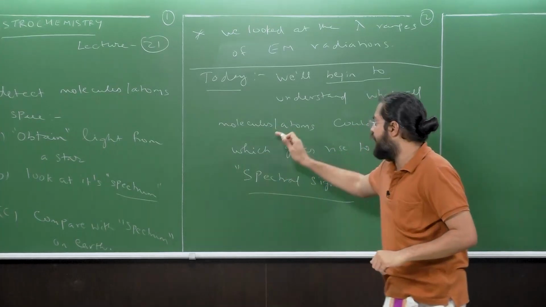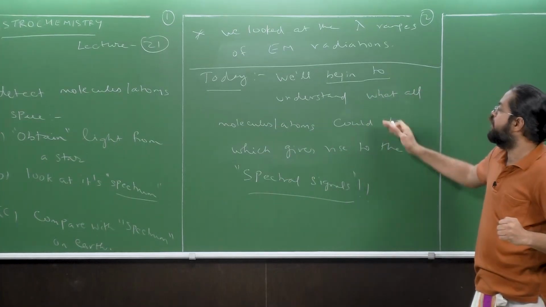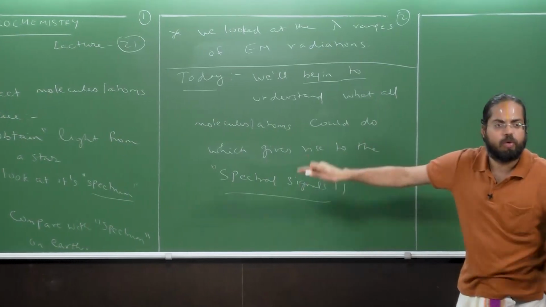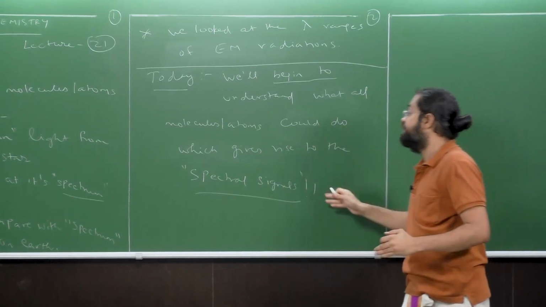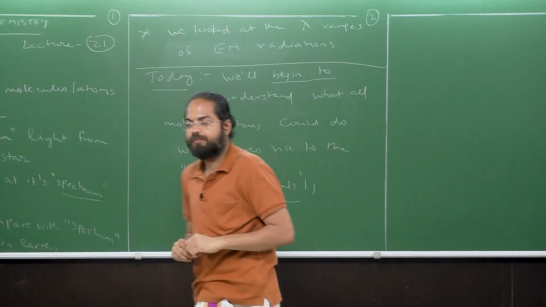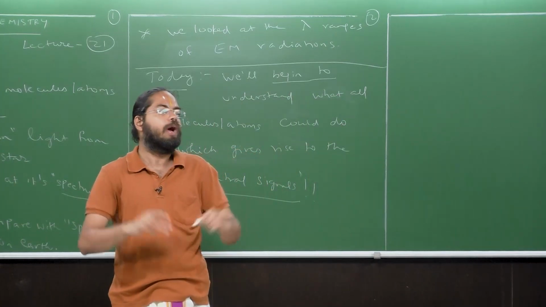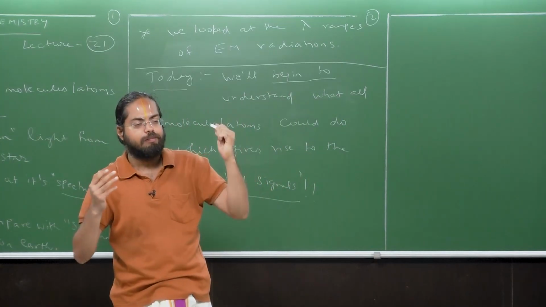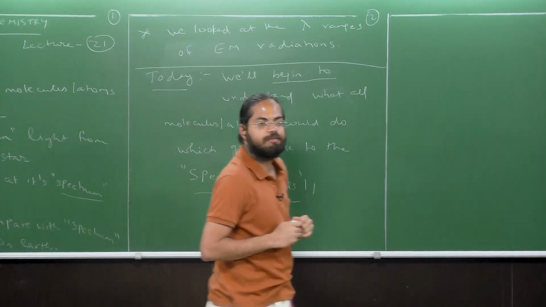So today, with this understanding, we shall look at what all could happen to the molecules or atoms which give rise to these spectral signals. Do you understand? I mean, why should molecules and atoms give rise to various spectral signals?